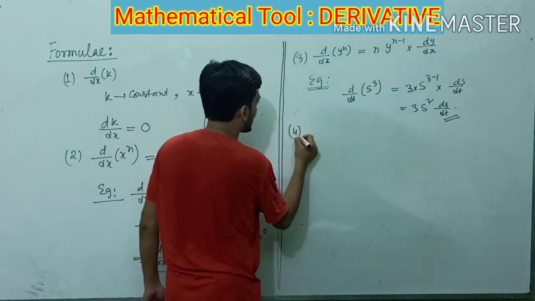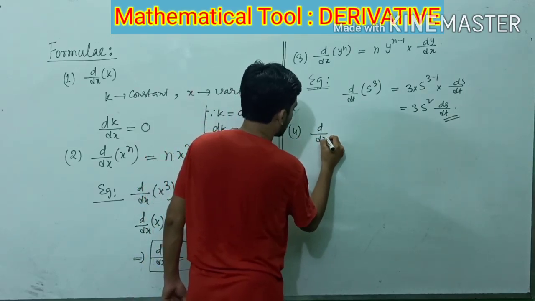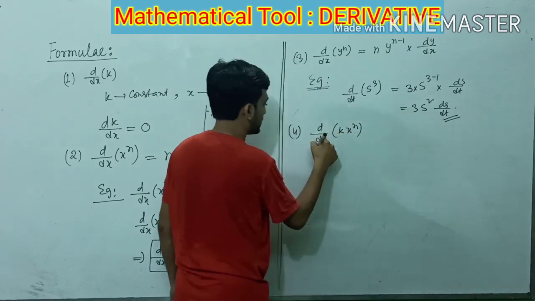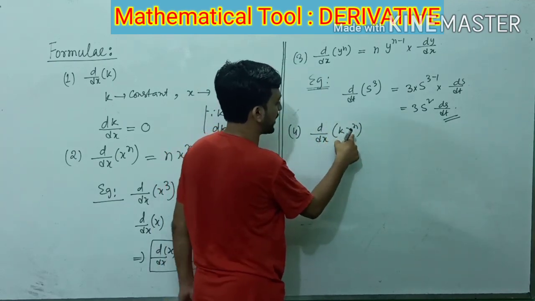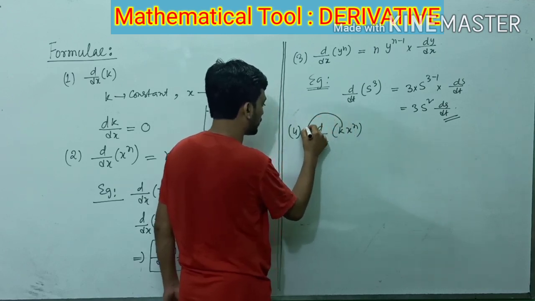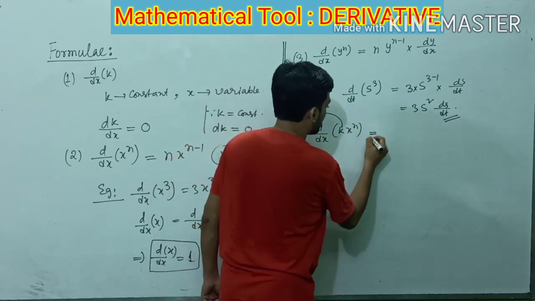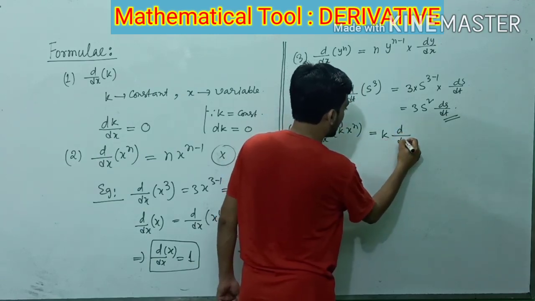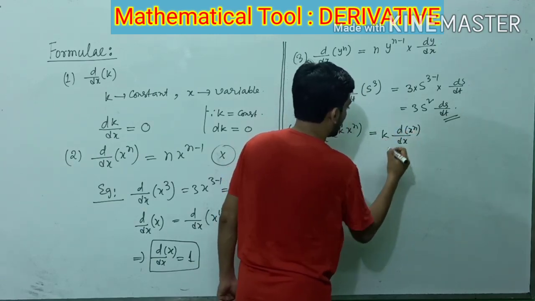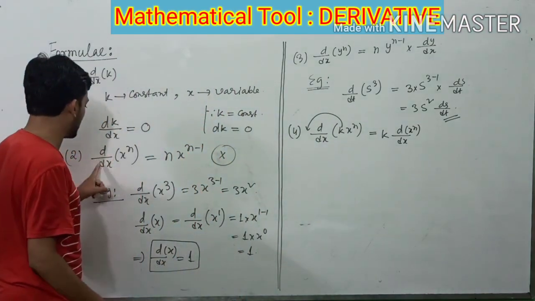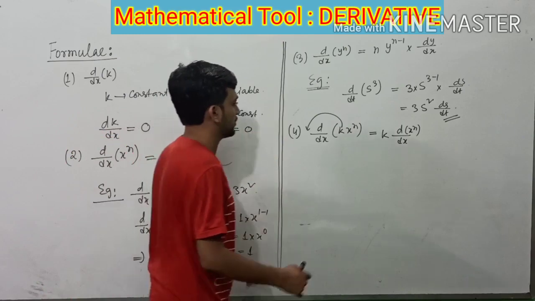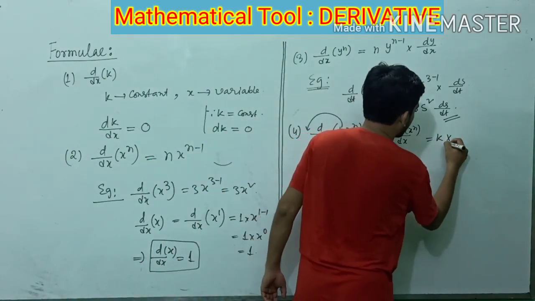Number 4, if we get d/dx of a constant multiplied by a variable, that constant will automatically come out of the derivative. So we have to write k d/dx of x to the power n. Now we need to use the formula d/dx of x to the power n is equal to n into x to the power n minus 1. k will remain as it is.